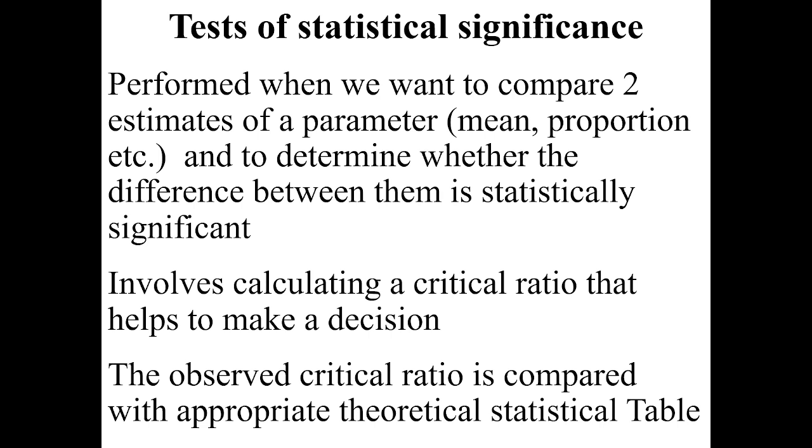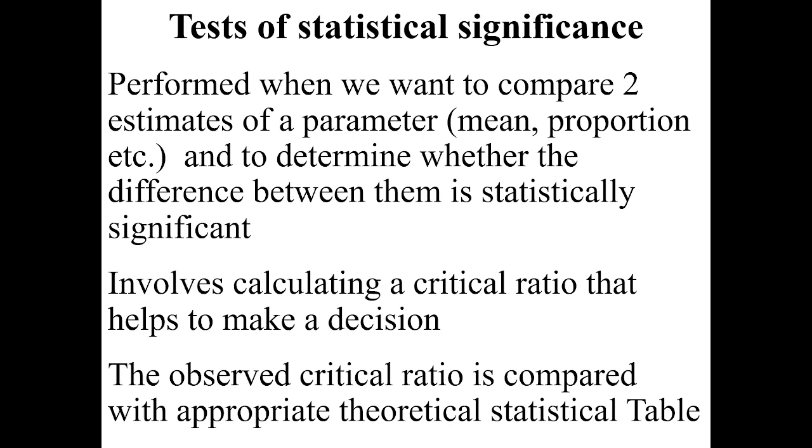The parameter is the same, it could be a mean, it could be a proportion, and we want to determine whether the difference between them is statistically significant. This process involves calculating a critical ratio, a ratio that helps to make a decision.